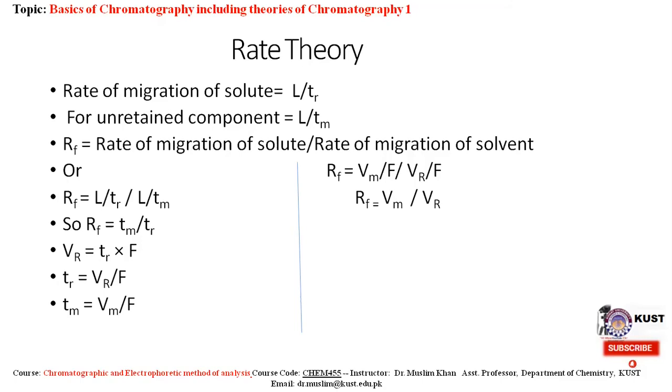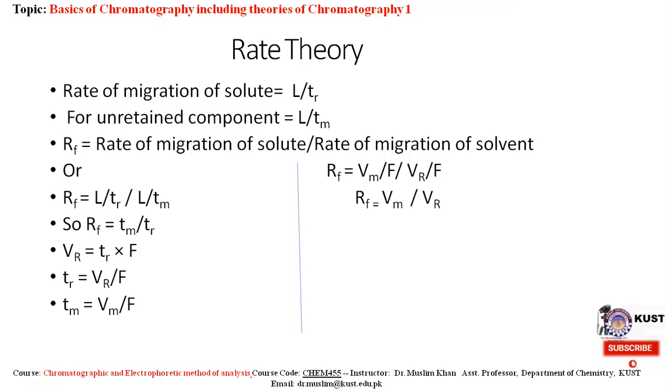Equation number 4: VR is equal to TR multiplied by F. Here VR is called the retention volume and represents the volume of the mobile phase required to elute a retained component from the column.